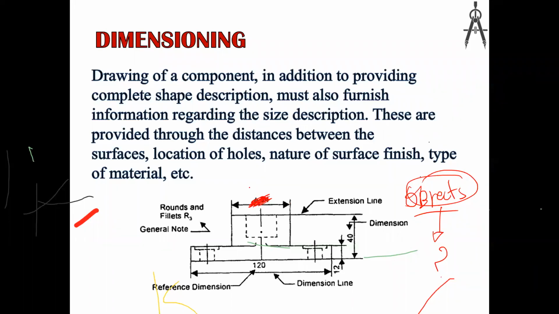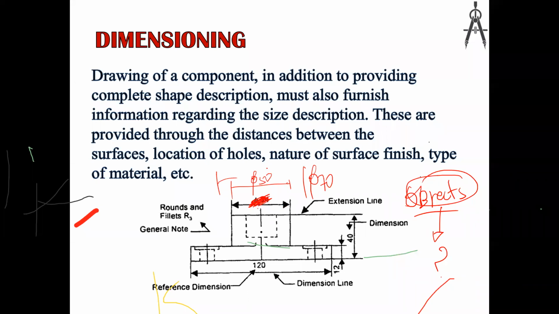When he is making this component, he doesn't know the diameter. Sometimes he can make pi 50, sometimes pi 70. But the size is pi 54.